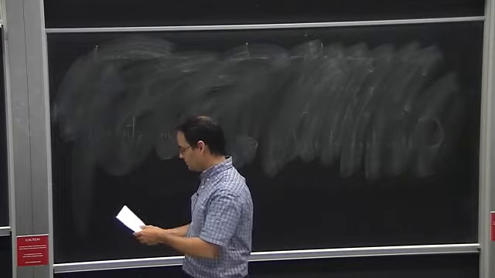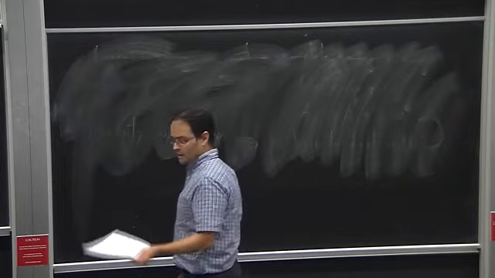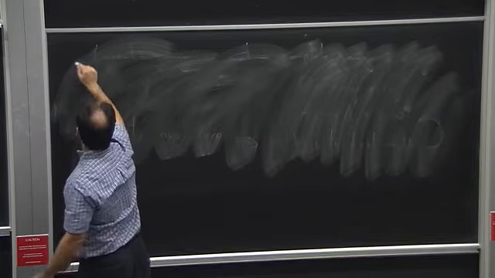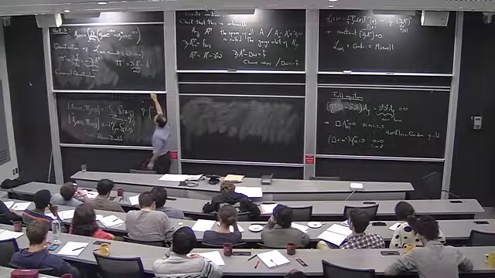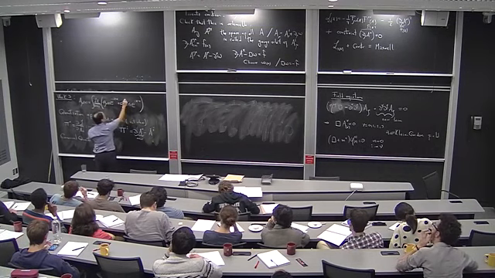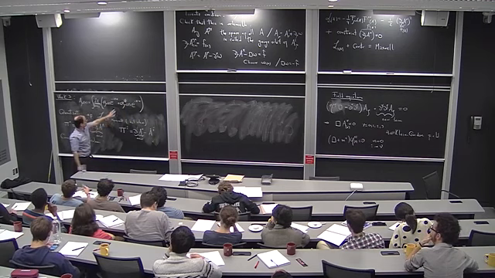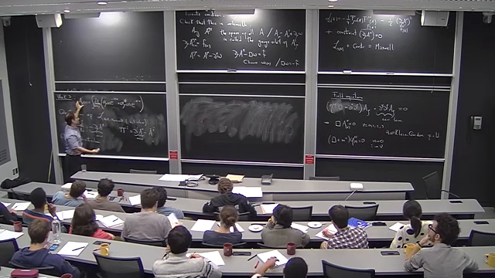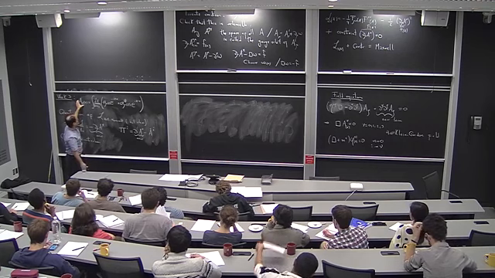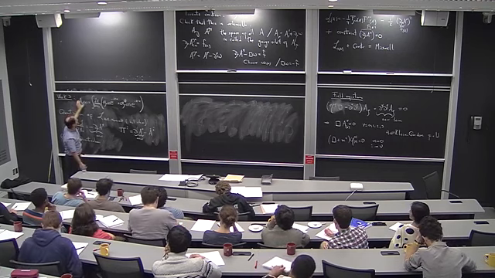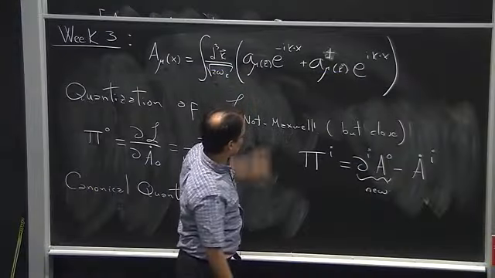So if we just keep going, now we can promote our field to be an operator by simply asking this to be the adjoint operator to this one, because of course we want this to be a real field. As we have discussed, this is something we're imposing. We're starting with a real field, so this guy has to be the adjoint of this one.